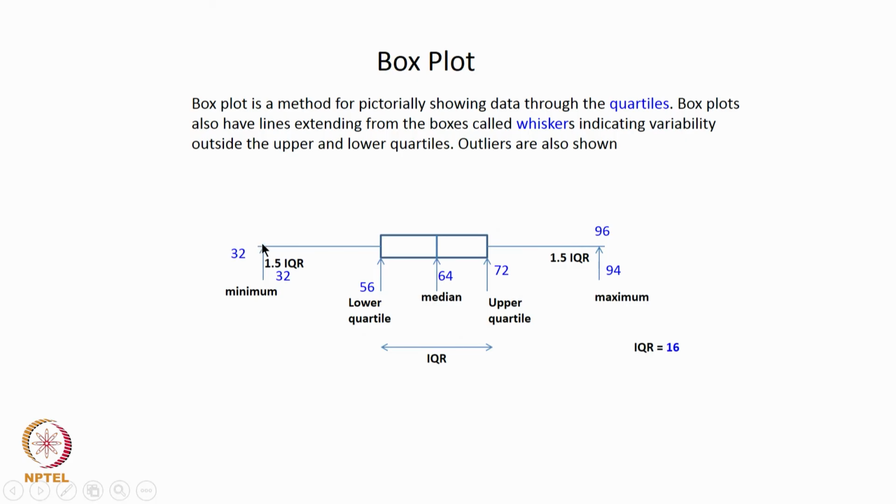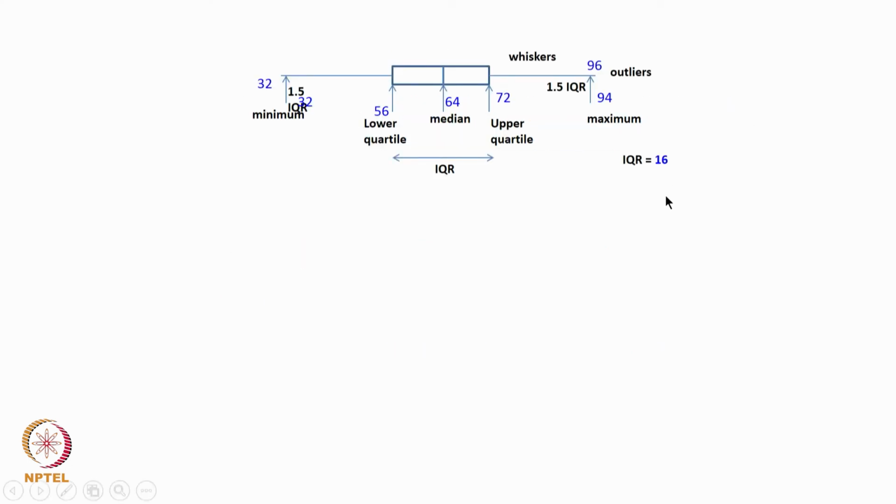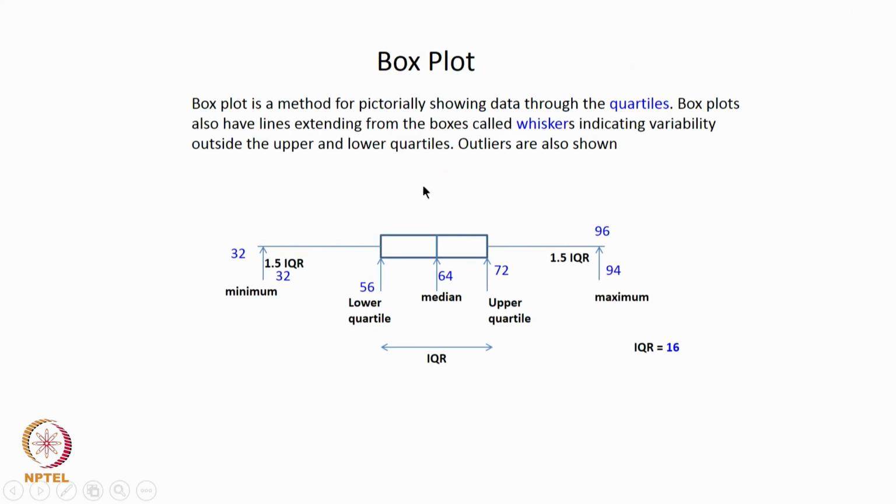Now, we can have situations where 1.5 times IQR is below the maximum or 1.5 times IQR is more than the minimum. That can also happen. In the example of marks, from the lower side it coincided with the minimum and on the upper side the maximum exceeded the 1.5 IQR value.